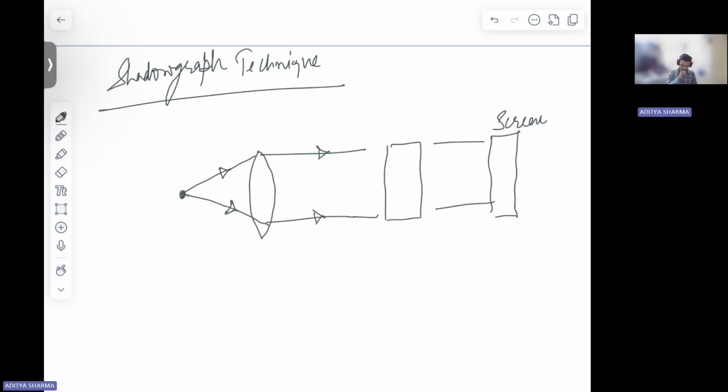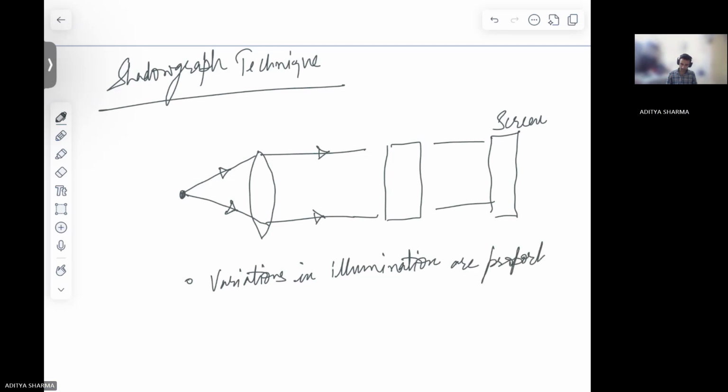And so these variations in illumination are proportional to the second derivative of density.